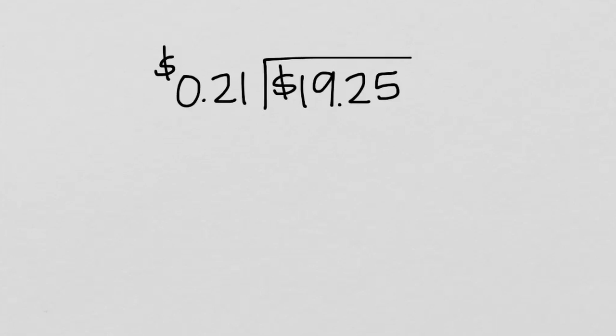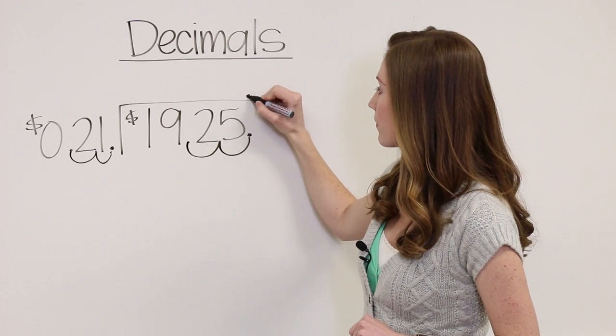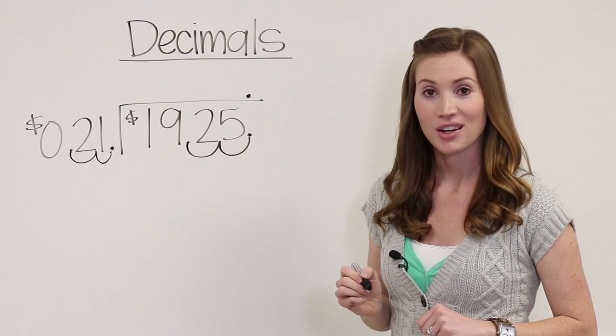Now the first thing we need to do is move our decimal points. So we're dividing by a whole number. 21 cents will become $21. Now we're going to move our decimal point in our dividend twice as well. 1, 2. We'll move up our decimal point and divide as usual.